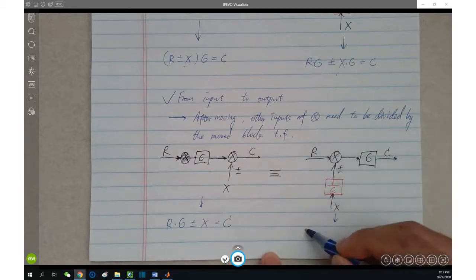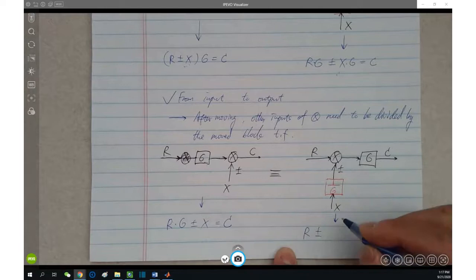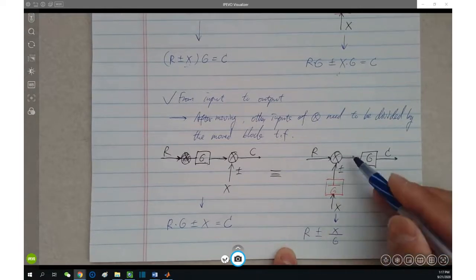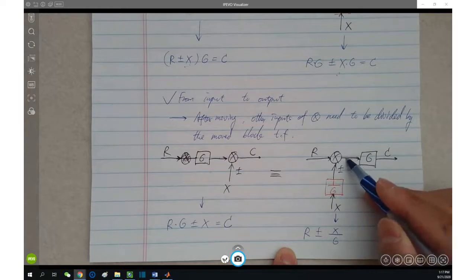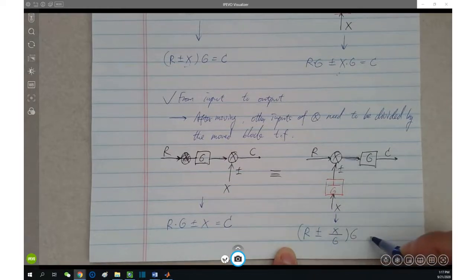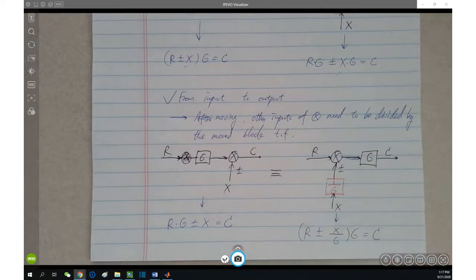R here plus minus X over G, and then equals to the signal here, right? And this signal needs to times G equals to C. And you see what? Both are the same. These two are the same. Right?